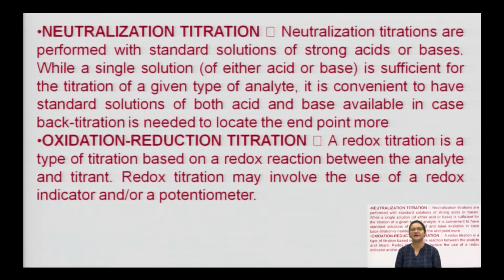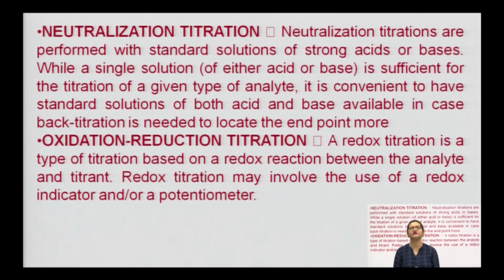So, it can be applicable for those sorts of titration also. It can be very well applied to redox titrations also. A redox titration is a type of titration which is based on a redox reaction between the analyte, the solution under study for which concentration is to be determined, and the titrant which is being added from the burette. The analyte is taken in the conical flask and the titrant is added from the burette.